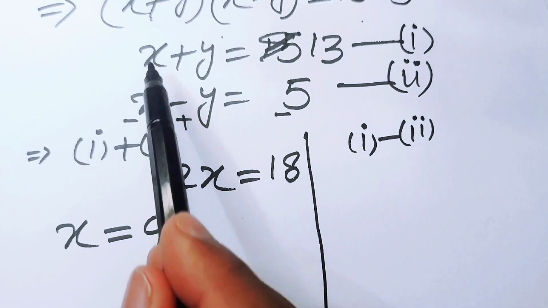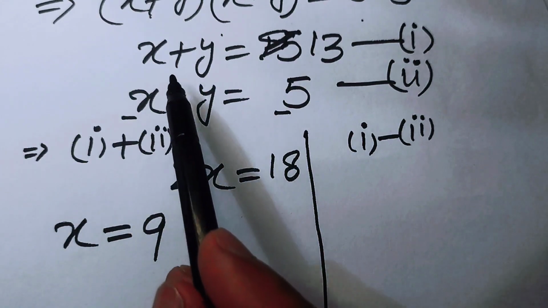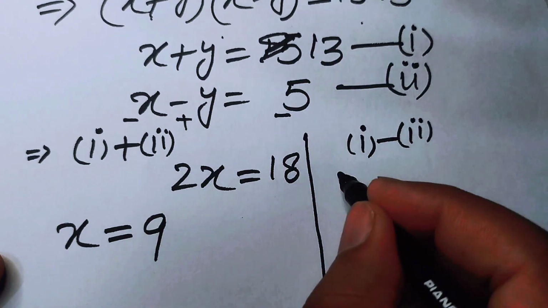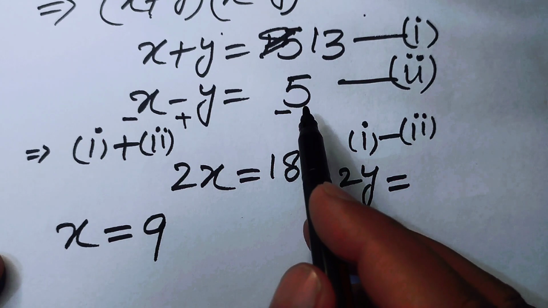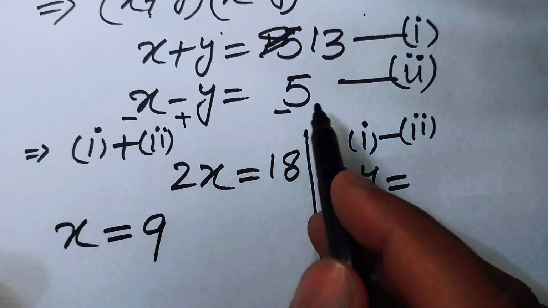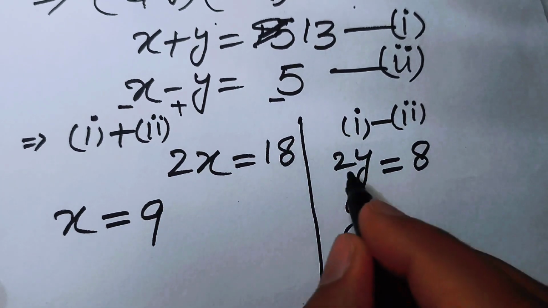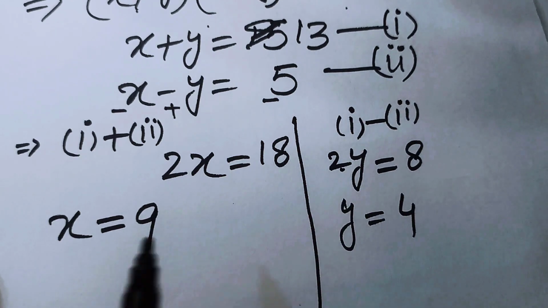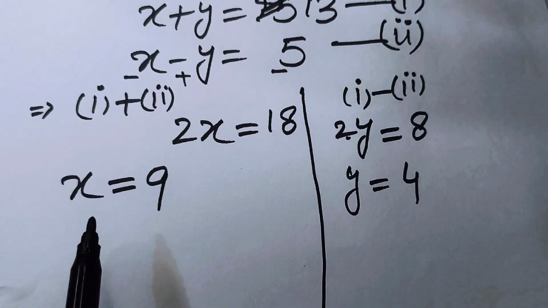So this will be positive x and this is negative x, so these two cancel each other out, and here we get y plus y is 2y is equal to 13 minus 5, and 13 minus 5 is equal to 8, so when we divide by 2 on the right side, it becomes y is equal to 4. So these are the two values of x and y.